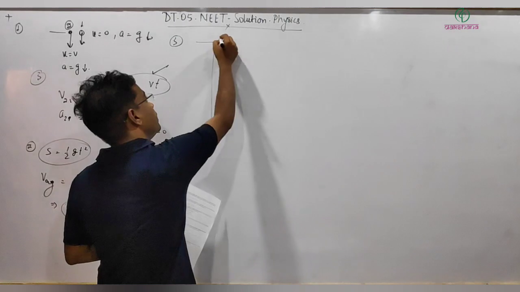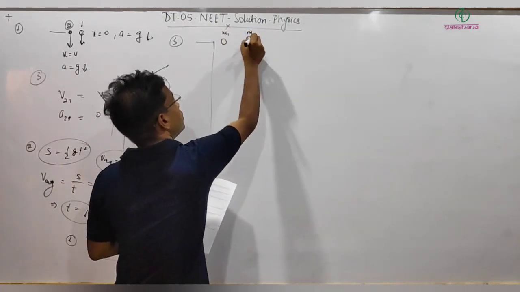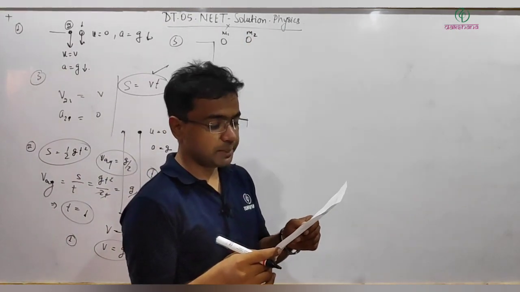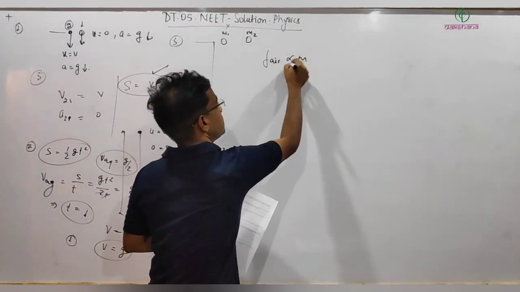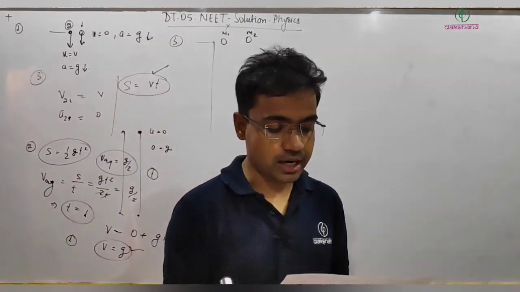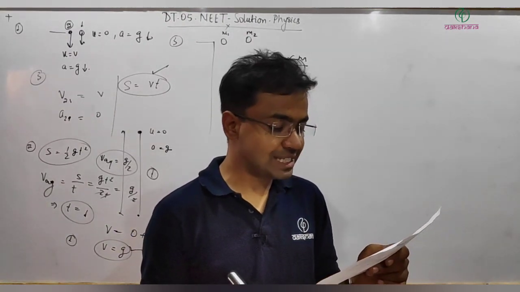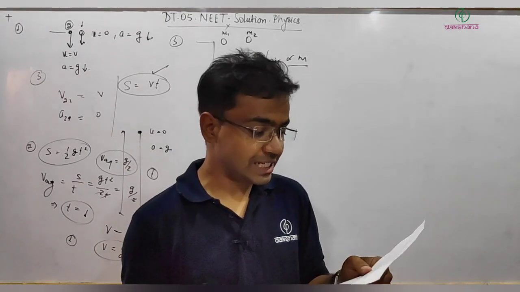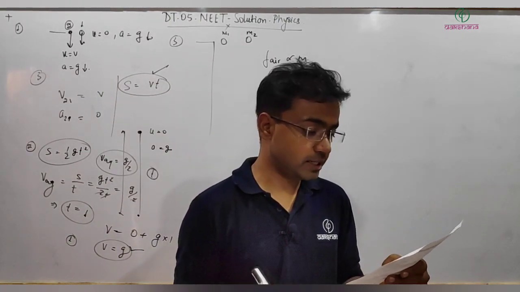Let's say this is some tower, and two bodies of masses m1 and m2 are dropped from the top. If the air resistance F air is directly proportional to the mass of the body, then which reaches the ground earlier? Options are: the heavier body reaches the ground earlier, the lighter body reaches the ground earlier, both the bodies reach the ground simultaneously, or cannot be decided.